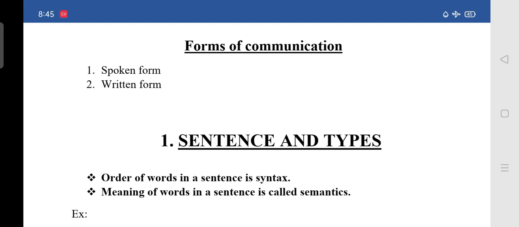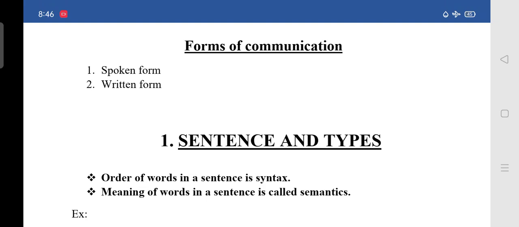So when you speak, we count all these things: how you pronounce a word, the sound of the word, and the way you give stress to that word. And is it a group of words or a single word, and is it a segment or a speech pattern? All those things will be observed under spoken form.